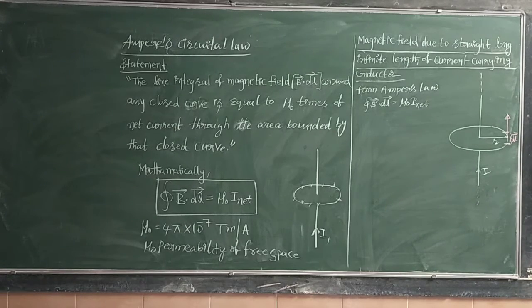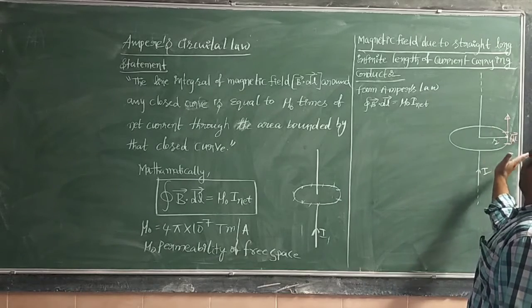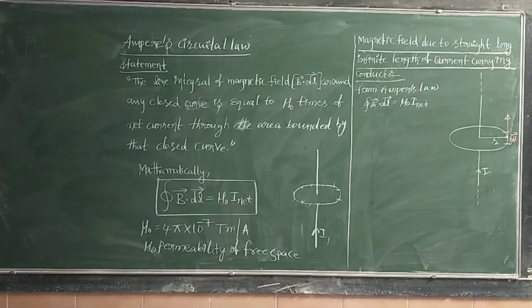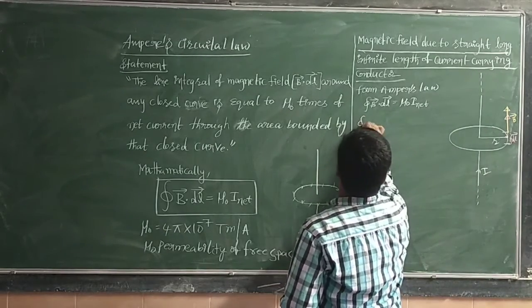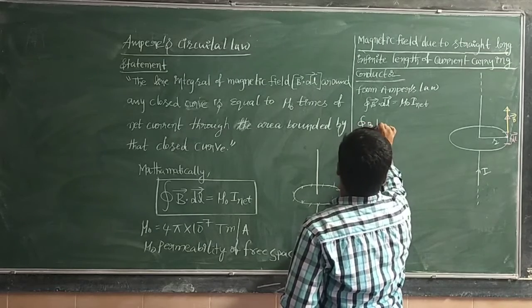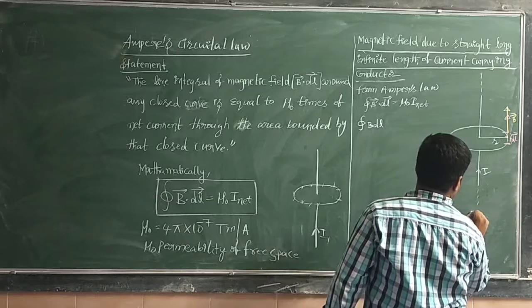Now, according to the right hand thumb rule, at this point, what is the direction of magnetic field? The magnetic field is also in this direction. So B bar and dl bar both are in the same direction at this point. Now, in this case, we can write line integral of B bar dot dl bar.